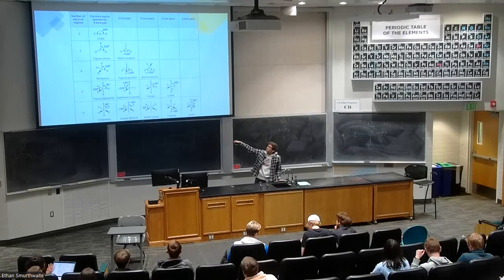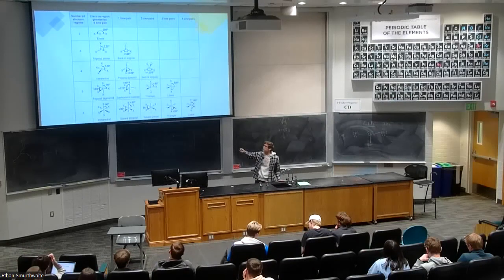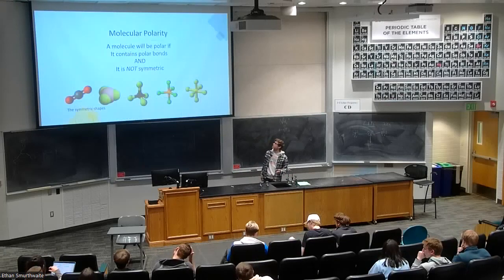It's not going to go on top because that has 90 degree bond angles with all three of these. Where it could be here, it would have 90 degrees with the top and bottom, but 120 degrees with the others. It's just roomier for it to be there. So that is important to know, where to put the lone pairs. So that's good. You guys know. So proud. They grow up so fast.